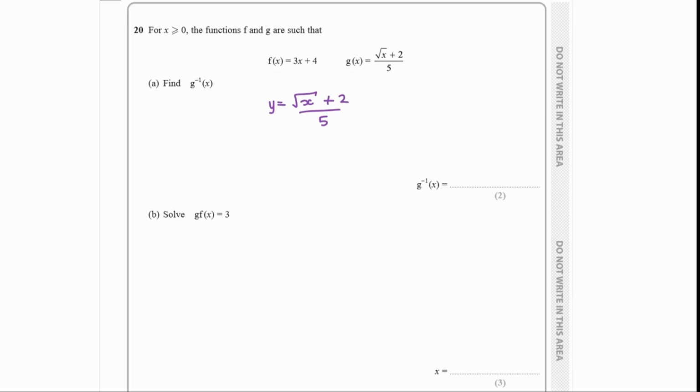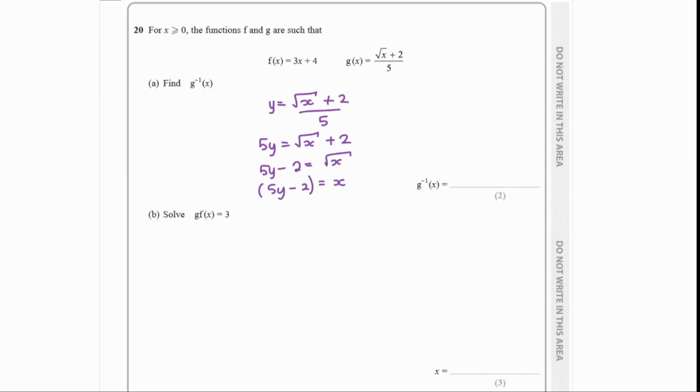Finding the inverse function means we have to make x the subject, so we would multiply both sides by 5, and this would give us 5y is equal to the root of x plus 2. We can then minus 2 on both sides, which gives us 5y minus 2 equal to root x. And if we now want to take the x out of the root, we would have to square everything on both sides.